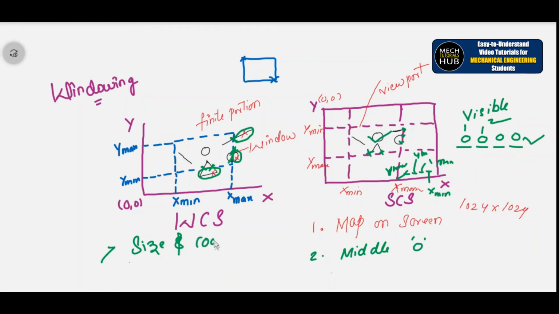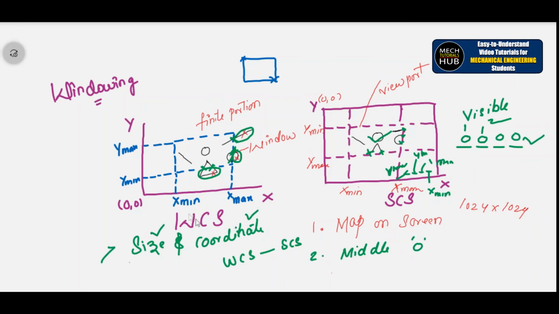The size and coordinates of that particular entity will change. From the world coordinate system to the screen coordinate system, there is a slight variation in the size and also the coordinates.